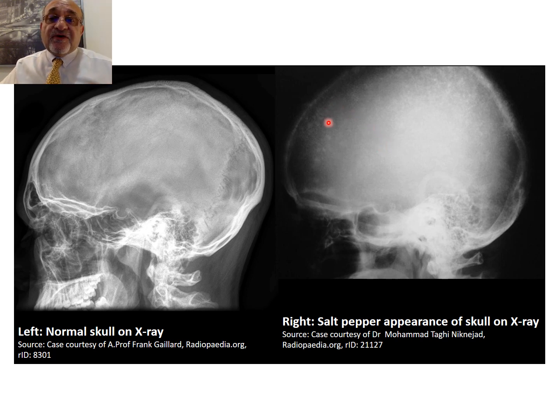Plus, you will see those areas of white and black, which gives the typical salt and pepper appearance of the skull. And you can compare between the radio density of both. See here the radio density of the skull, compare it to the radio density over here. You will see that there is a generalized decrease in the radio density of.